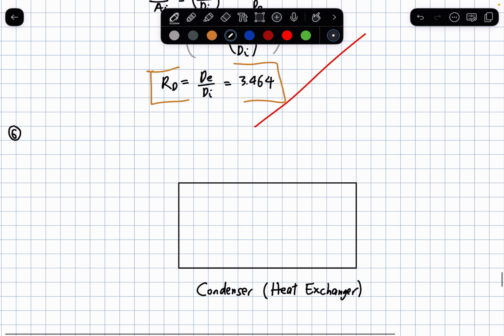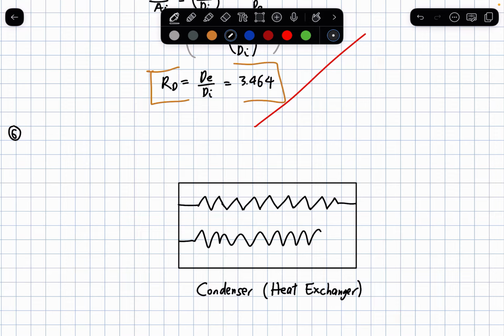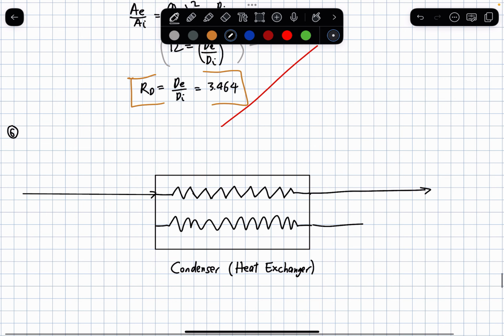So we have an inlet, outlet. From the word exchanger, exchange of heat, no?